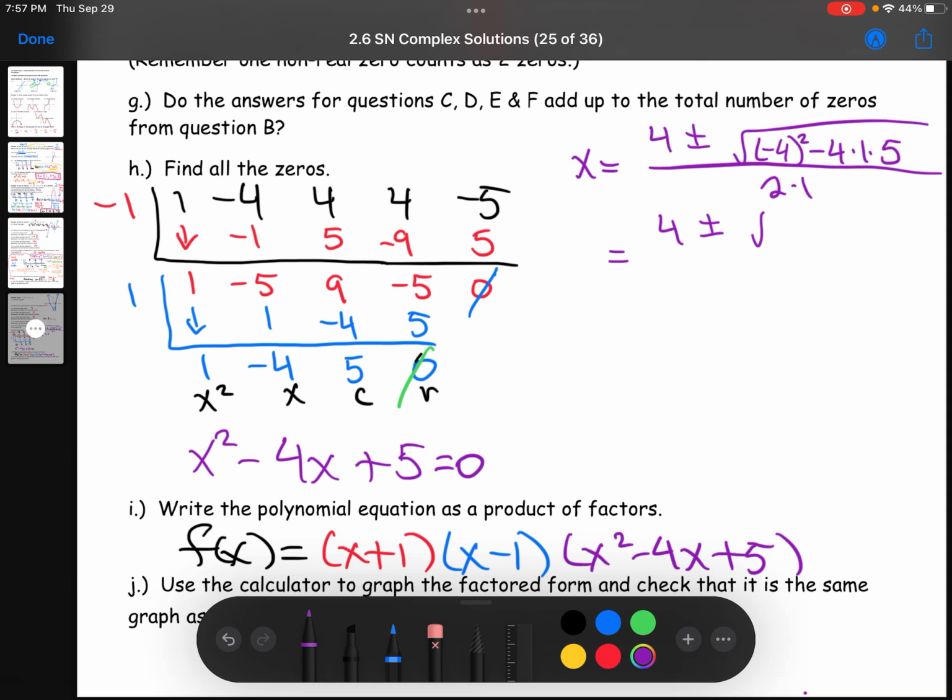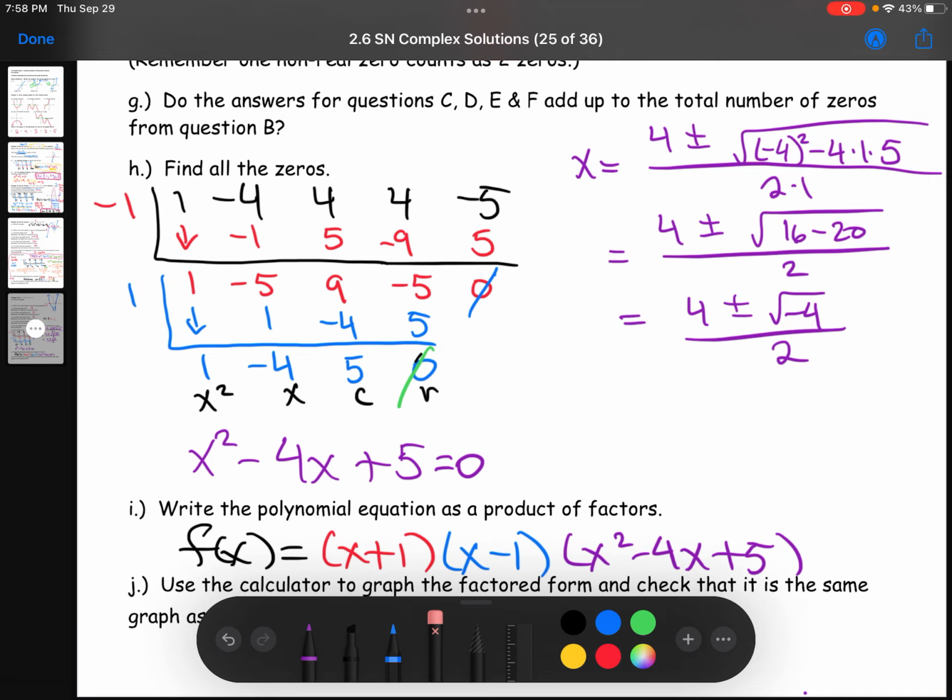Just plugging into the quadratic formula. So 4 plus or minus square root of 16 minus 20. Divide all that by 2. So 4 plus or minus the square root of -4 over 2.